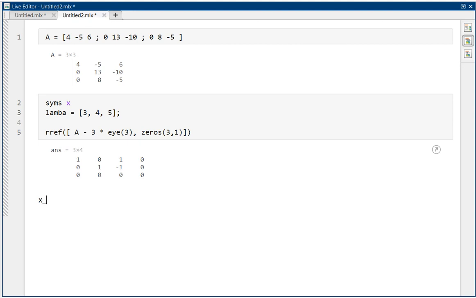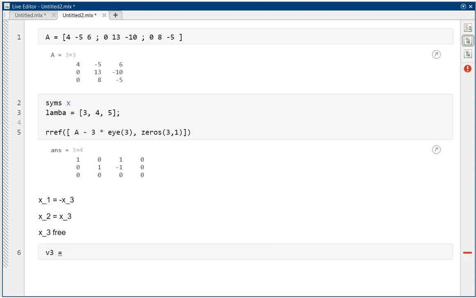Let's switch to some text. So I get x sub 1 has to equal negative x sub 3. X sub 3 is my free variable. Then I get x sub 2 equals x sub 3, with x sub 3 free. We don't really need that much help, but I'm going to call this V3. Why?